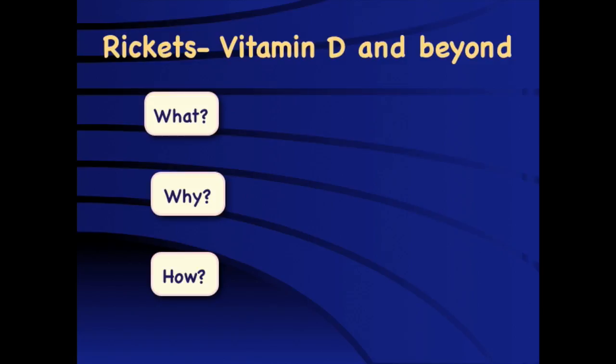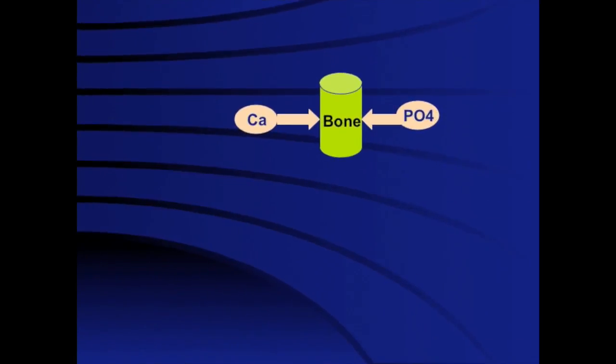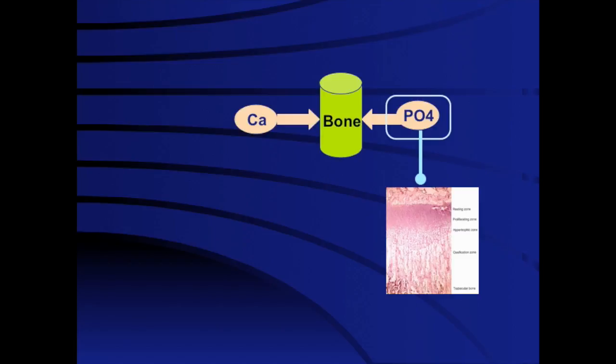So now what we know is what rickets is, and why rickets is being caused. In this regard we all know that both calcium and phosphorus play an important role as far as bone physiology is concerned. And conventionally we have been thinking that rickets is predominantly a problem of calcium, but now we know very clearly that it's the phosphorus which plays a more important role in the pathogenesis of rickets, and phosphorus is actually responsible for growth plate apoptosis.